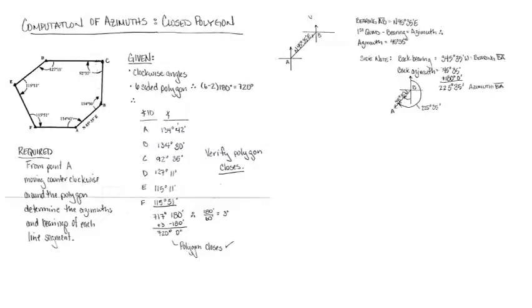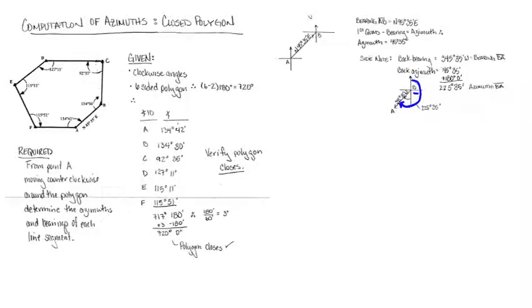So first thing we need to do is figure out what our azimuth is of the given information, given bearing. So the bearing is in the northeast quadrant, so we know that when a bearing is in the northeast quadrant, it's going to be the same as the azimuth. So what we need now is the back azimuth.